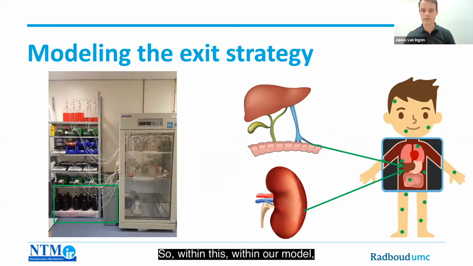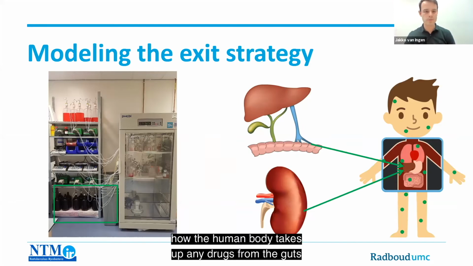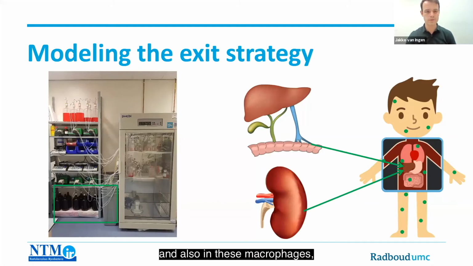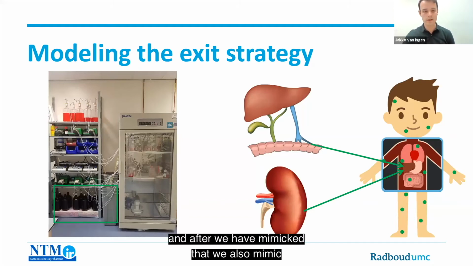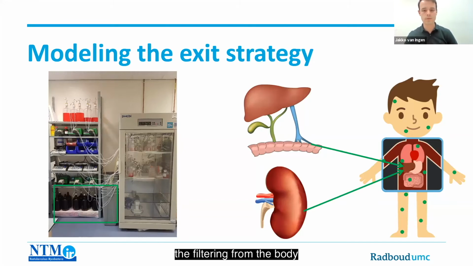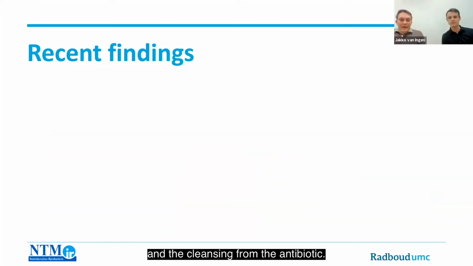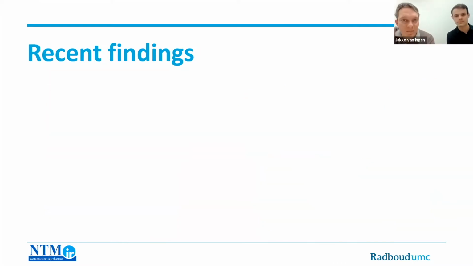Within our model, with the drug syringes, we can simulate very well how the human body takes up any drugs from the gut, and then how they spread throughout the whole body, and more specifically inside the lung, because that is where the infection really happens, and also in these macrophages. After we have mimicked that, we also mimic the filtering from the body and the cleansing of the antibiotic.